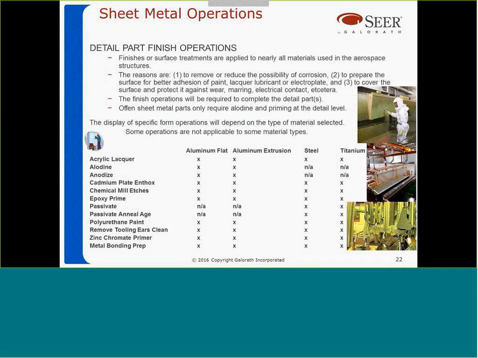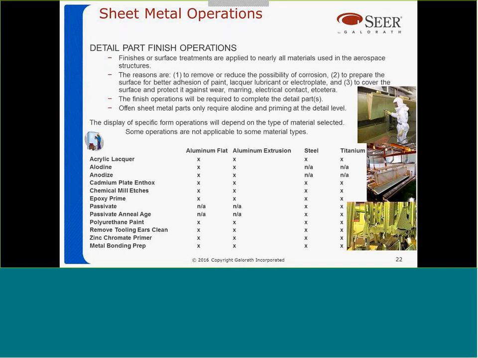In the finishing arena, we picked typical finishing operations in the default templates, but the user can put in the types of finish operations that they desire or that they typically use on the types of parts that they have.